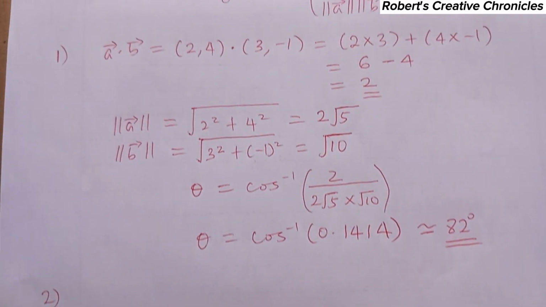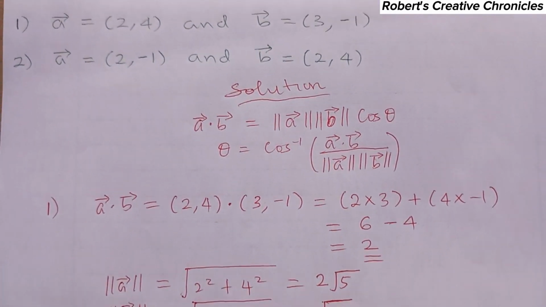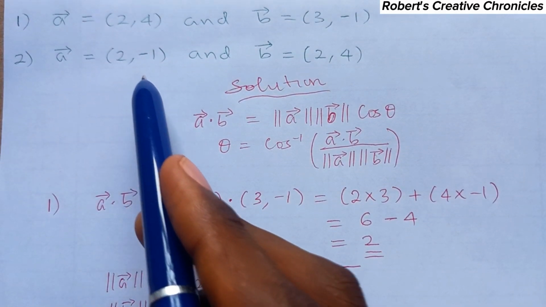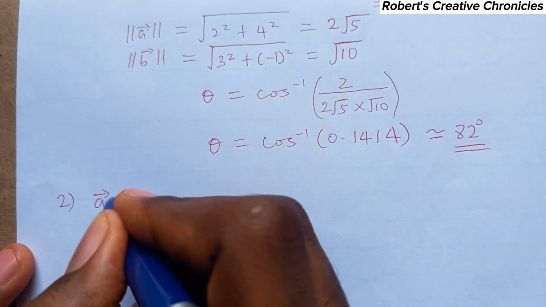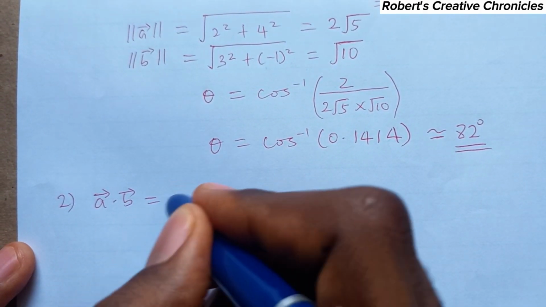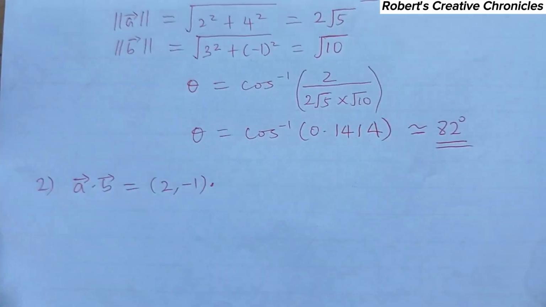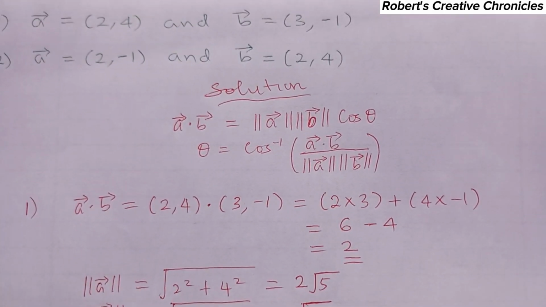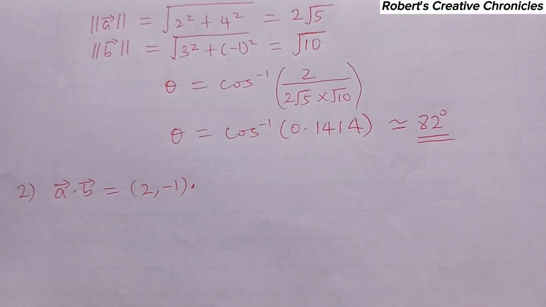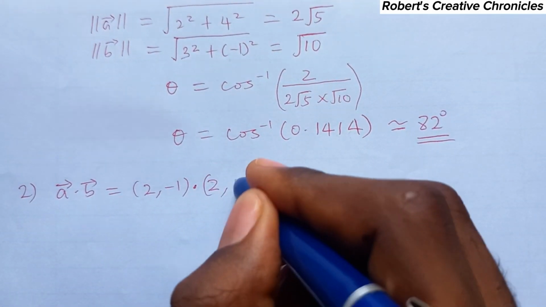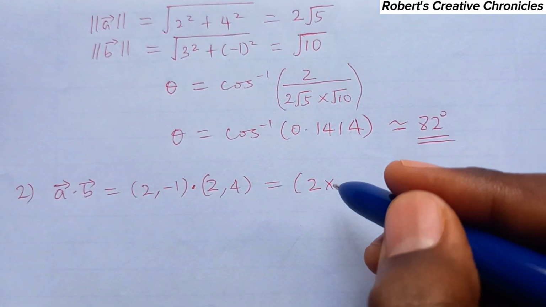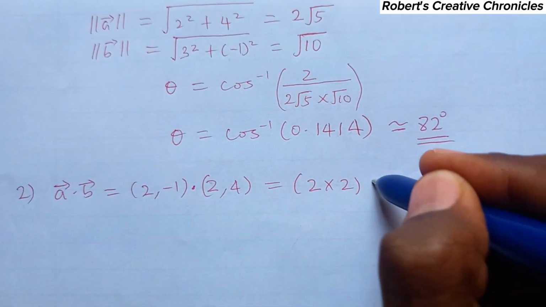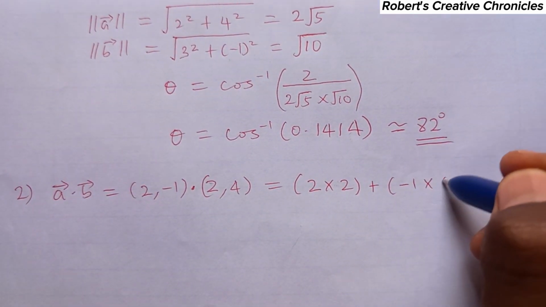Now the second one, the vectors are (2, -1) and (2, 4). So the dot product will be 2 times 2 plus minus 1 times 4.